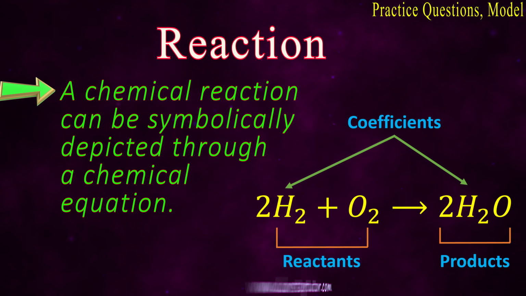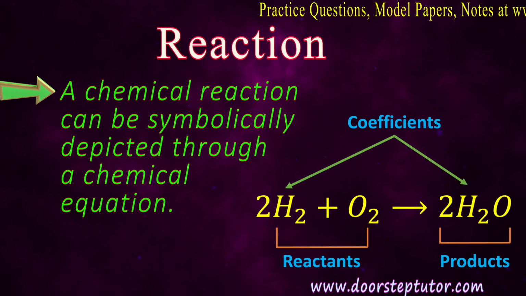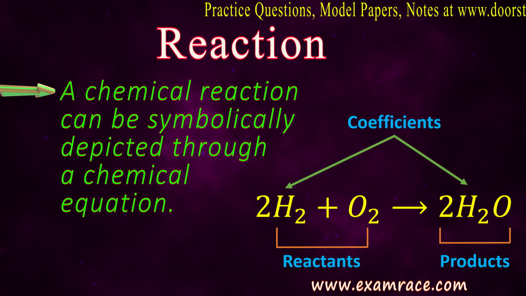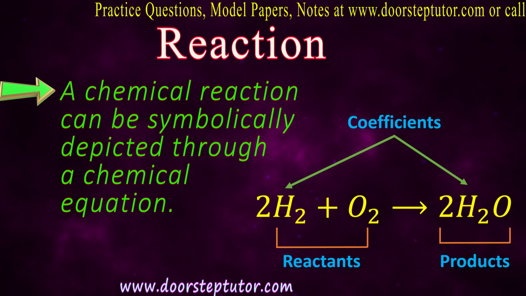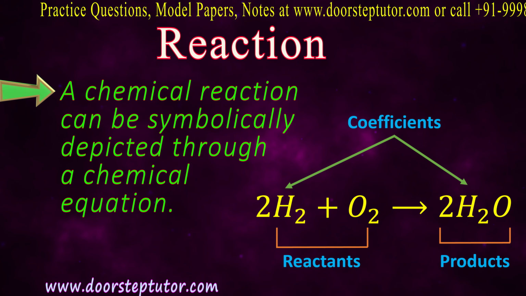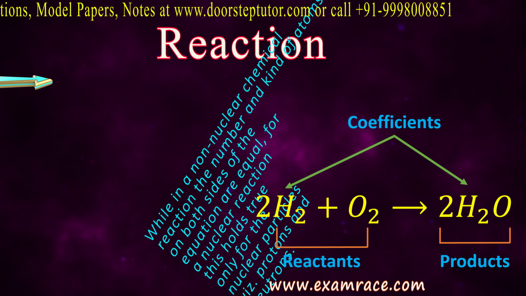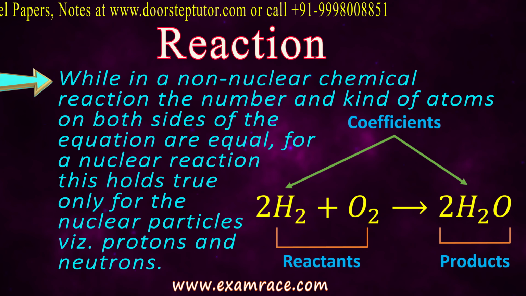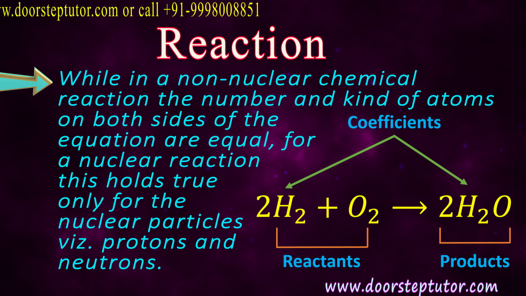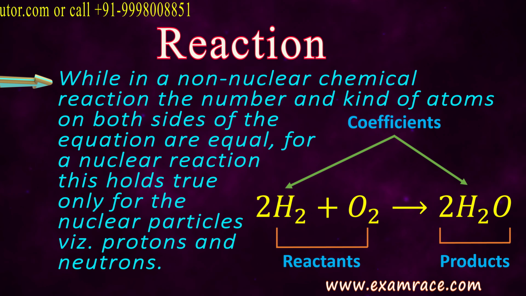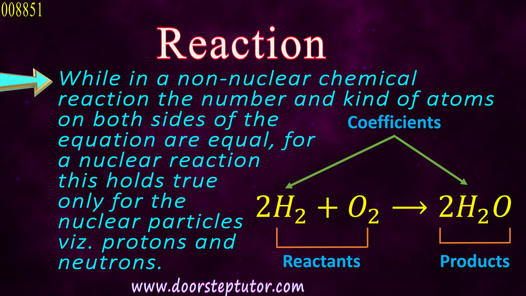A chemical reaction can be symbolically depicted through a chemical equation. In this chemical equation, you will see that the atoms present on both sides of the reaction are equal, okay. While in a non-nuclear chemical reaction, the number and kind of atoms on both sides of the equation are equal, for a nuclear reaction, this holds true only for the nuclear particles.